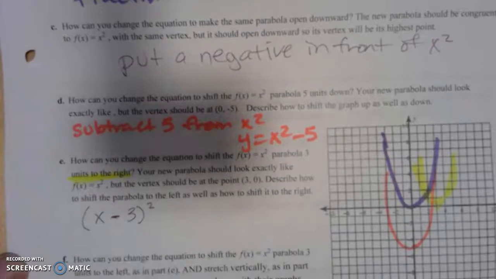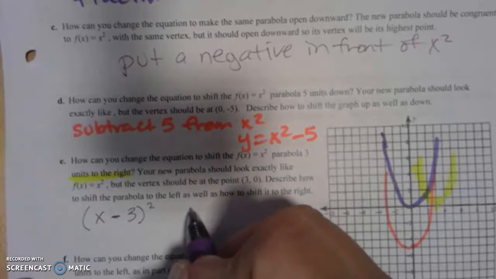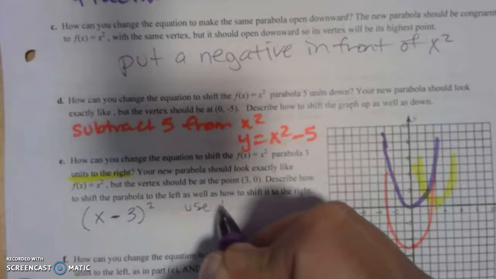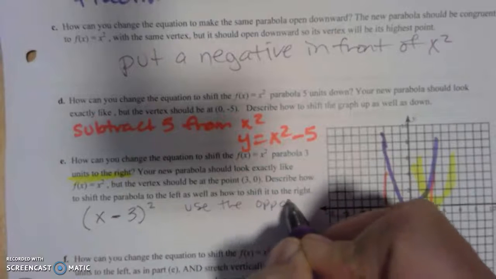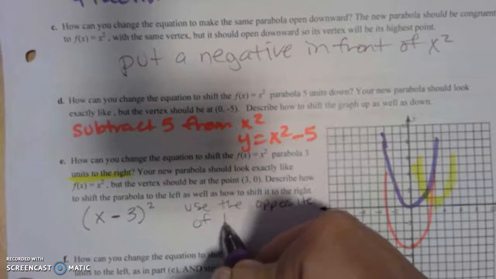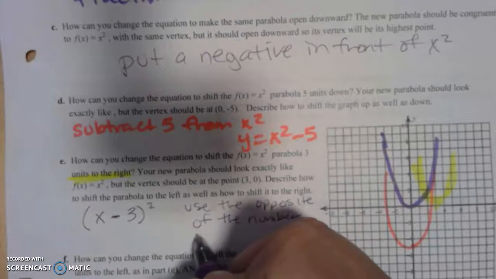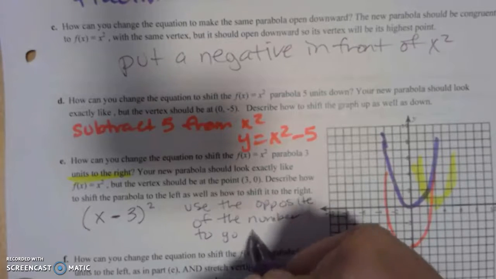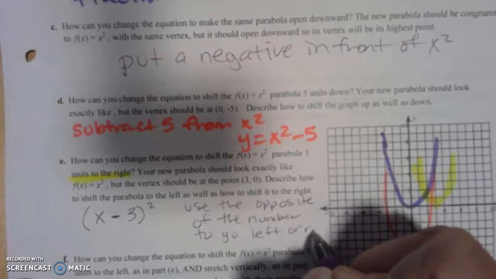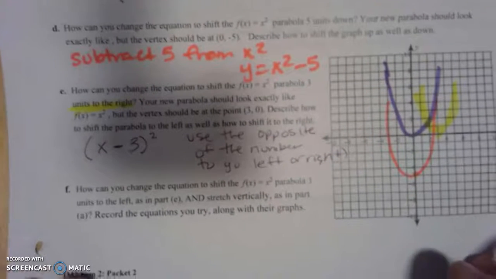Keep this color coded for you. x minus 3. So you use the opposite of the number to go left or right. I hope that makes sense. You do the opposite.